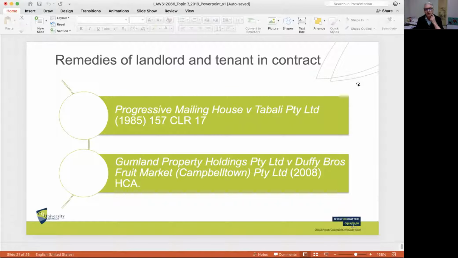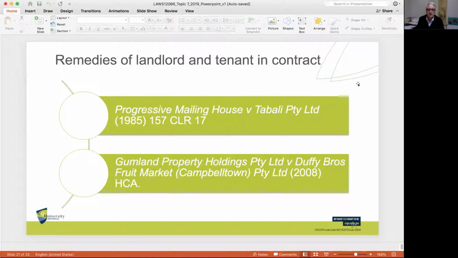We also then need to consider the fact that there are remedies for both landlord and tenant in contract because of these contractual features of a lease relationship, okay? This gives rise to the idea of what type of relief is possible under contract. As we know, according to the common law, the sort of remedy that contract normally provides for breach of a term is common law damages.